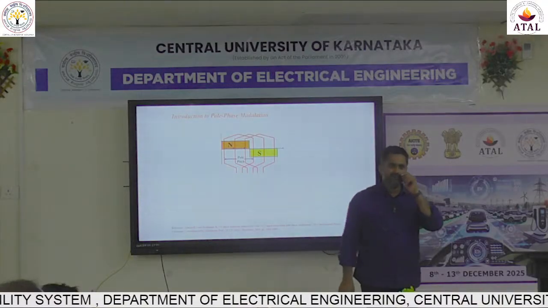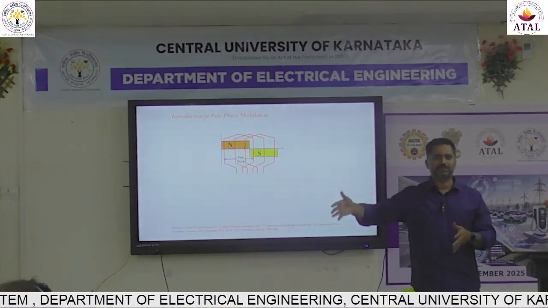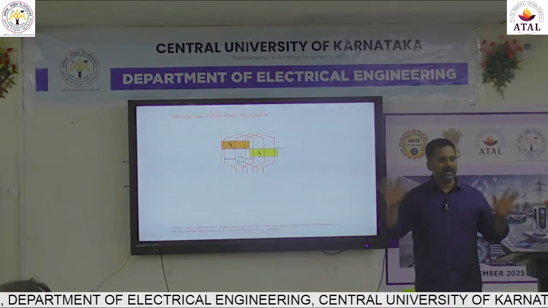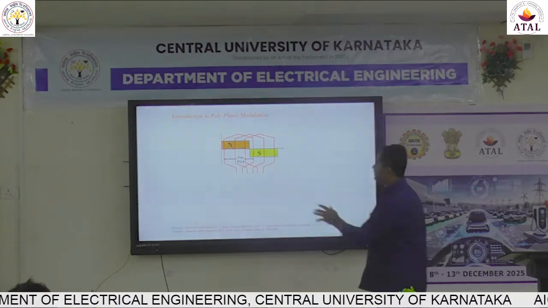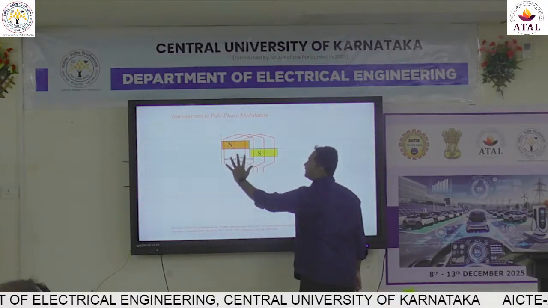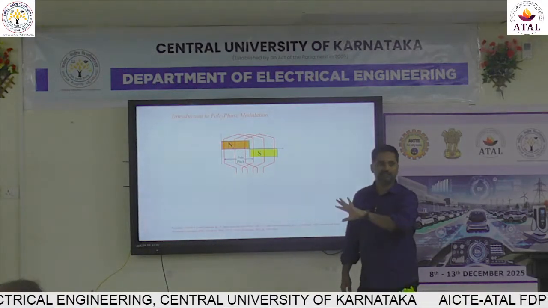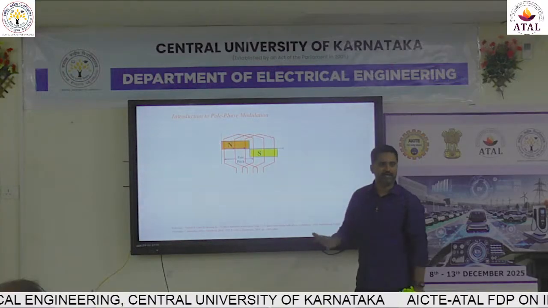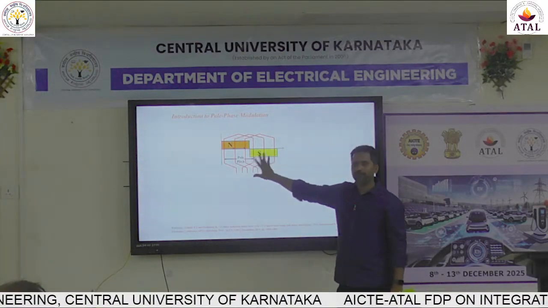This is what we do, in spite of the front pitch, back pitch, +1, -1 and all of them. Finally, at the core essence, these 3 slots will carry the same direction of current. The magnitude of current can change based on the phase, but the direction will be the same. Now this is a 2-pole system.